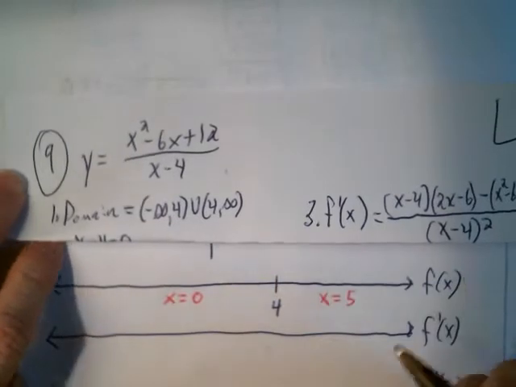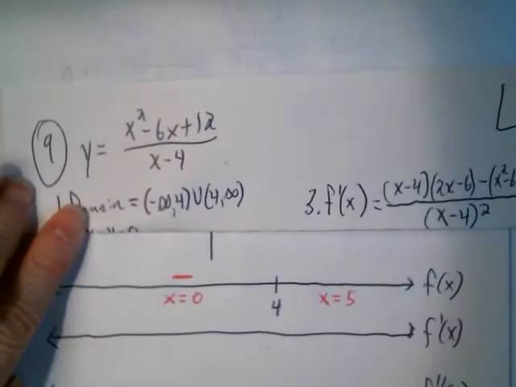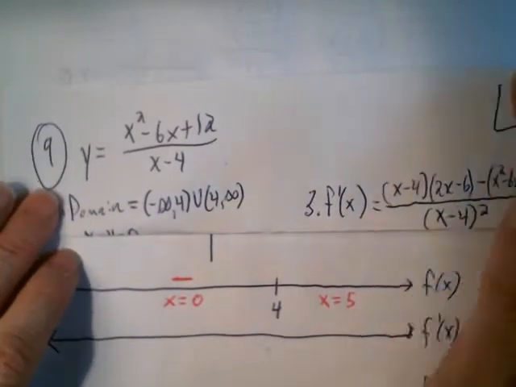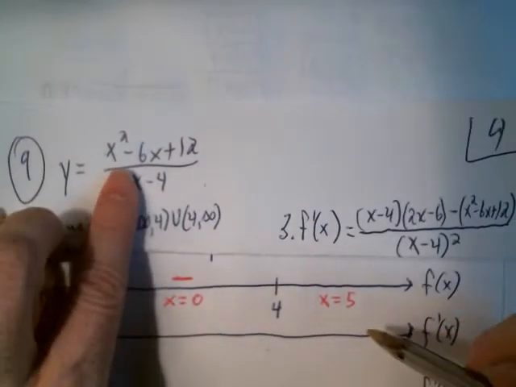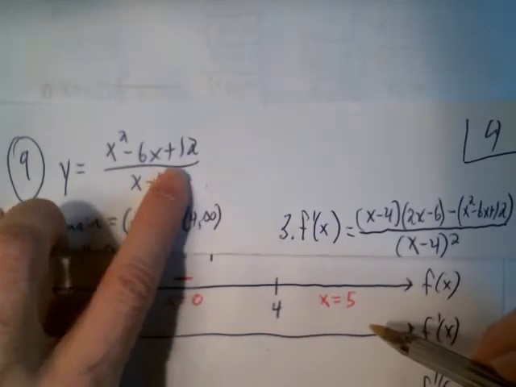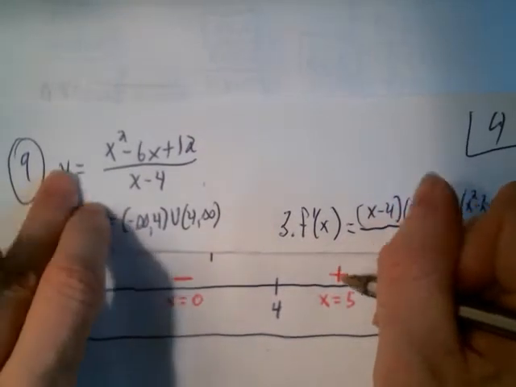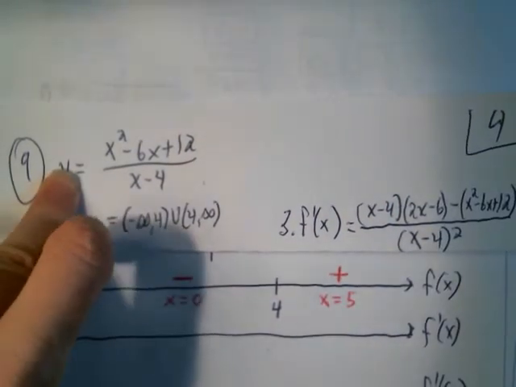So in that case, we're below the x-axis. So we can put a big minus sign there. When x is 5, you get 25 minus 30, so that'd be -5 plus 12 is positive, all over a positive. So you're above the x-axis in that interval.